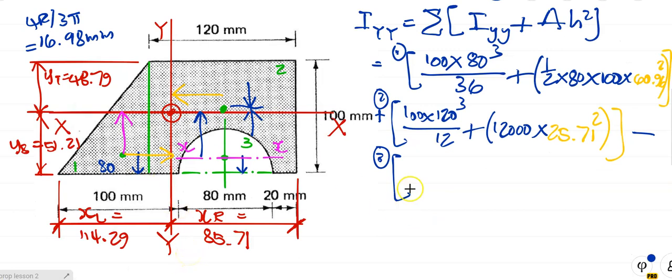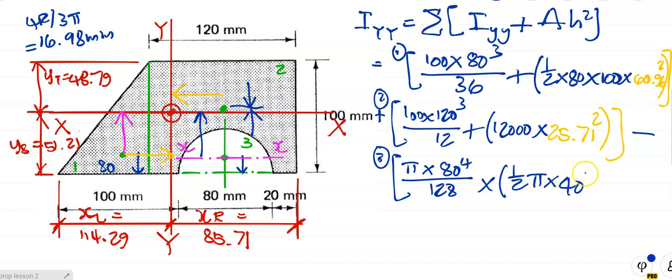Okay? So it is pi times d to the 4th over 128 plus the area, which is half pi r squared, half pi times 40 squared, times h. And what's h? H is the distance from the centroid of the semicircle, which is that, to the centroid of the whole cross section. Okay. H is the distance from the centroid of the element to the centroid of the whole cross section.